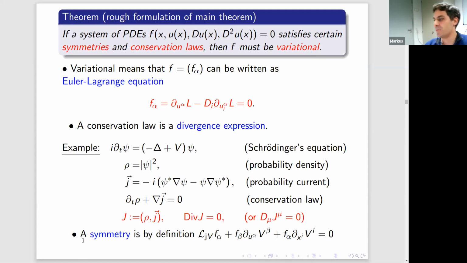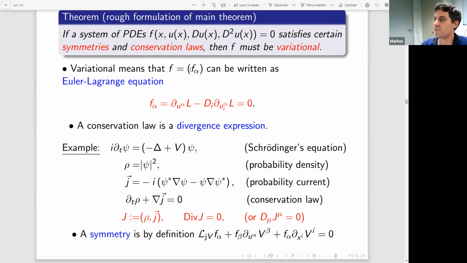And okay, symmetry, I think everyone knows how to handle symmetries somehow. It's basically a Lie derivative of your differential expression, which must vanish. Then this is called a symmetry, but we have these additional terms, and I will also explain in my talk where these terms come from, why we have not only the Lie derivative, but also these additional terms.